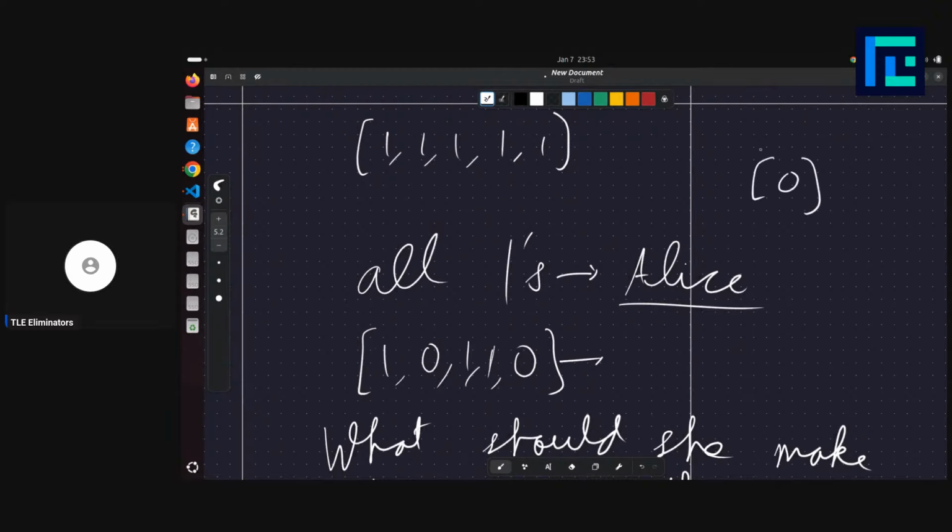That's the thing. So how do we force Bob to make this 0? What should Alice convert this array into so that Bob is forced to make it 0?